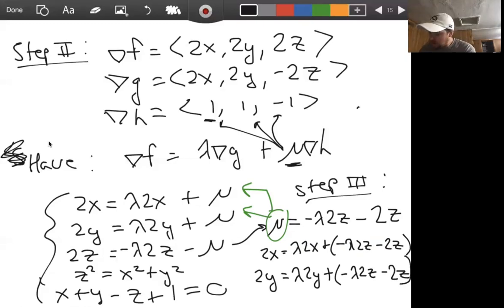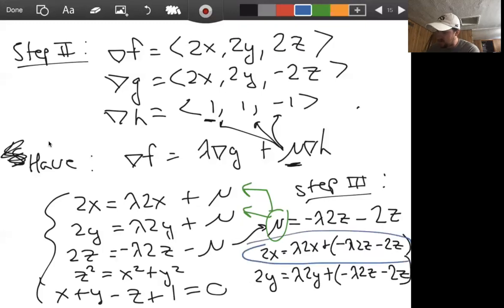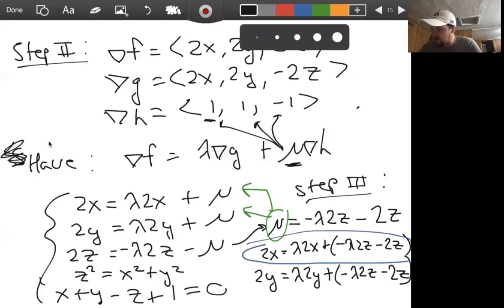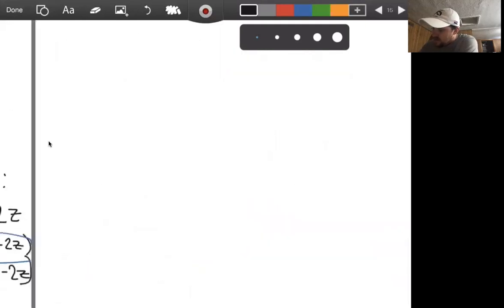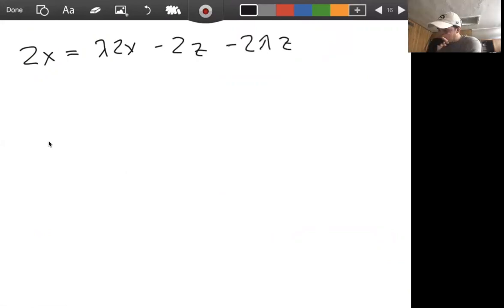And so from here, I can solve both of these equations for lambda. Let's start with this first one here. And so I'll copy this one onto the next page. So I have 2x equals lambda 2x minus 2z minus 2 lambda z. I can solve this for lambda.